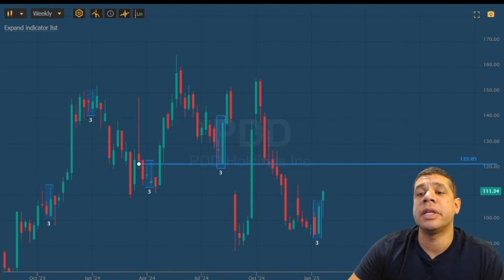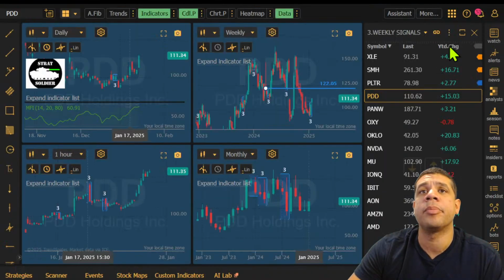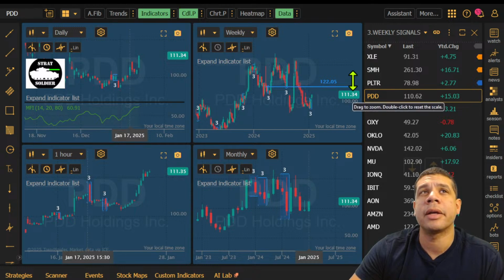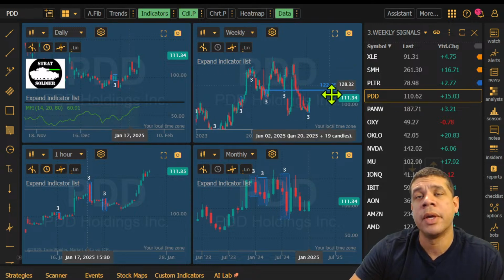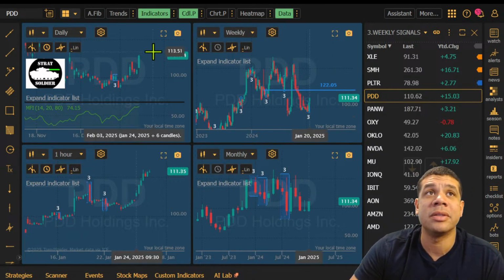For the people that want to see the broadening formations, we talked about TrendSpider does use automatic broadening formations. It will draw it for you. Sometimes it won't see a broadening formation and it won't draw one, and it'll say at the bottom it doesn't see a broadening formation.